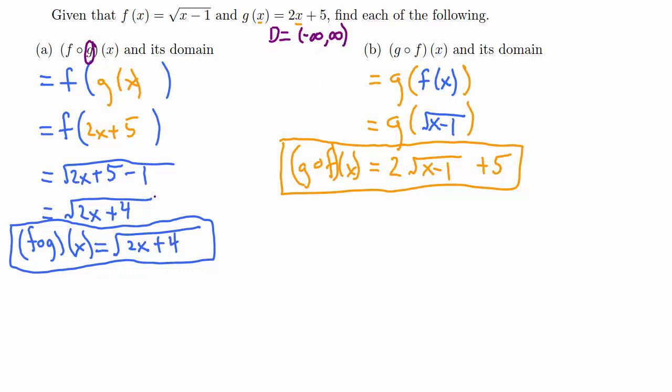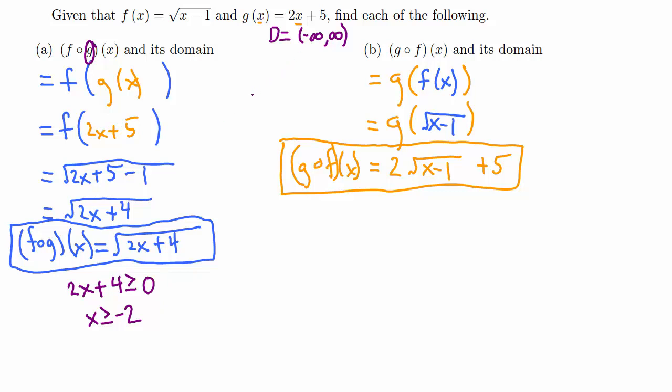Then you look at the answer, the square root of 2x plus 4. And notice that it is a radical, which means that whatever's underneath the radical, the 2x plus 4, must be greater than or equal to 0. It's an even radical, sorry. So we're going to subtract 4 and divide by 2. So x is going to be greater than or equal to negative 2.